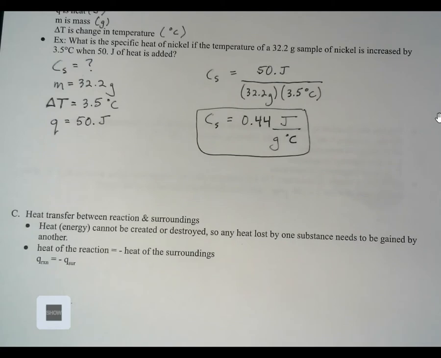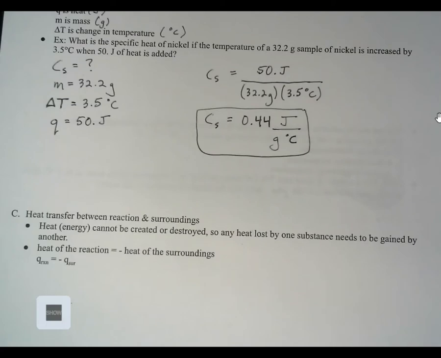So imagine, you guys know the cold packs that you can break and then you have the reaction, right? So you have one of those and you put it on your knee or something. So the reaction is absorbing heat. It's pulling it in, right? Where's the heat coming from?